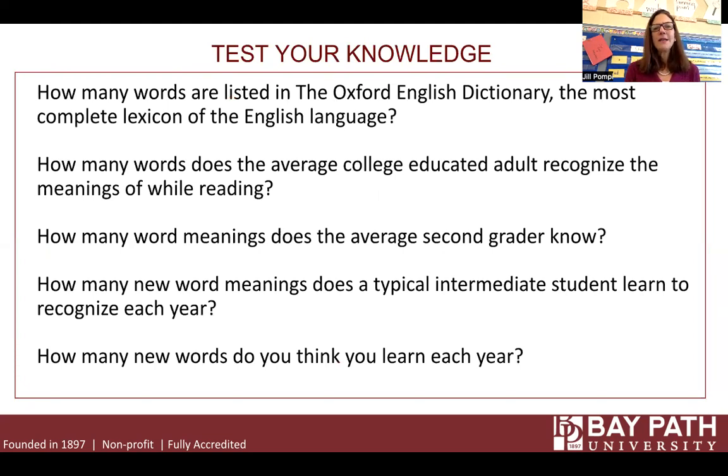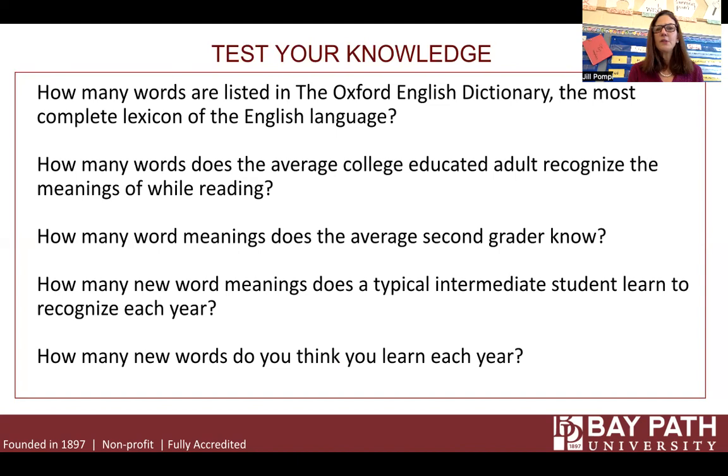Before we get started, let's have a little fun by testing your knowledge of the English language. How many words do you think are listed in the Oxford English Dictionary, which is the most complete lexicon of the English language? If you guessed around 600,000 words, you would be correct.